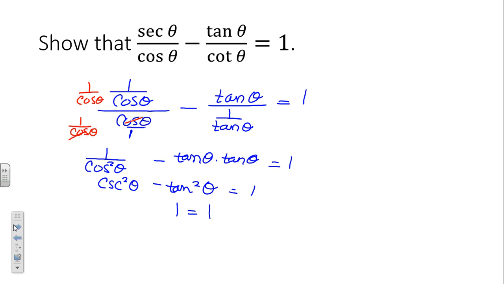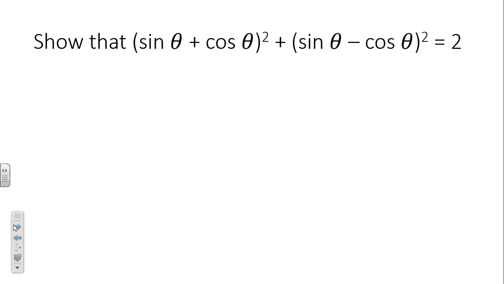Questions on this one? All right, last one. Show that that mess is equal to 2. As close as you come to proofs in pre-calculus.